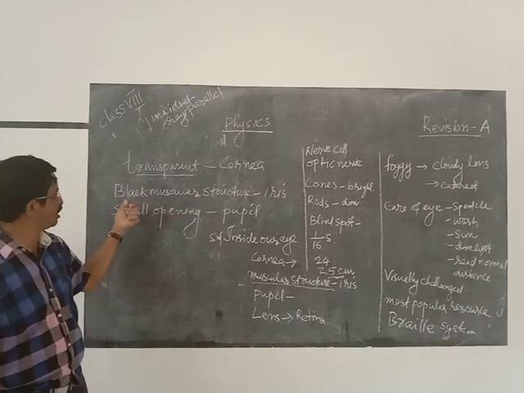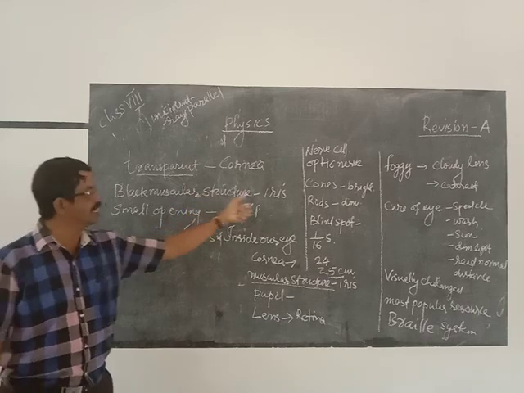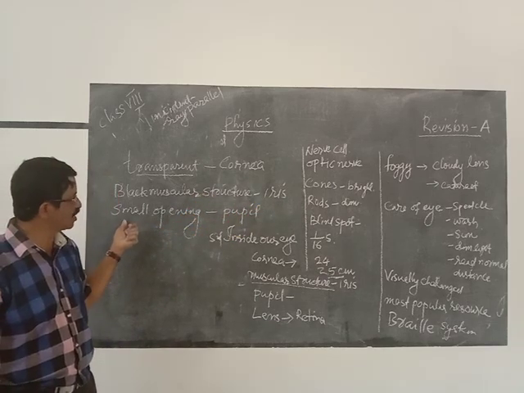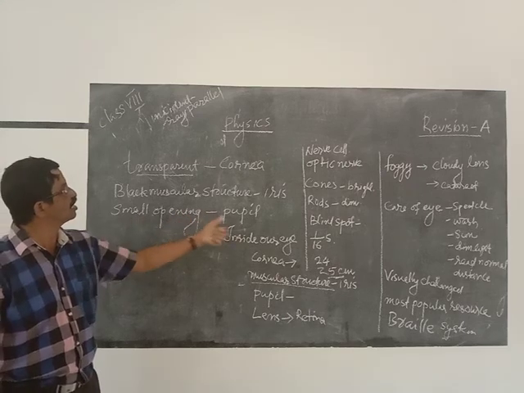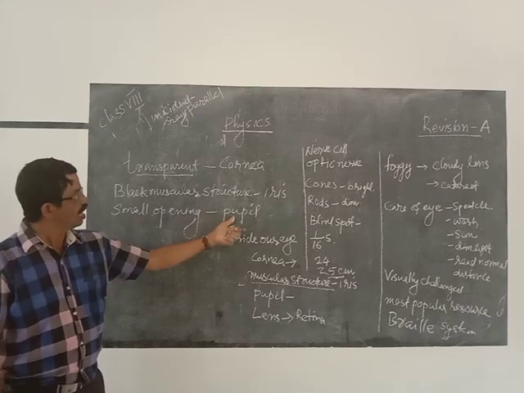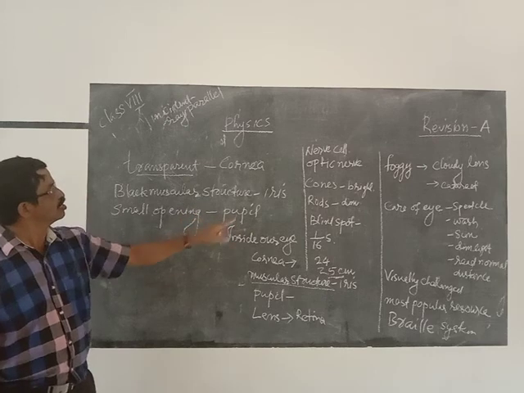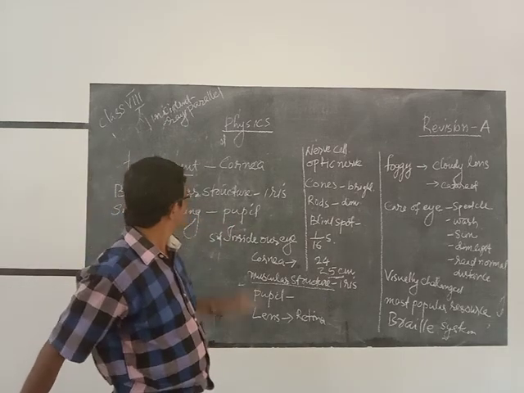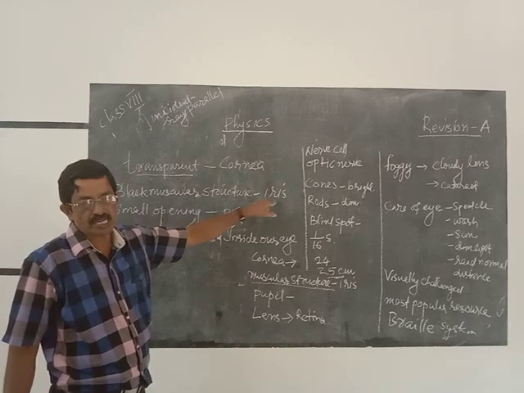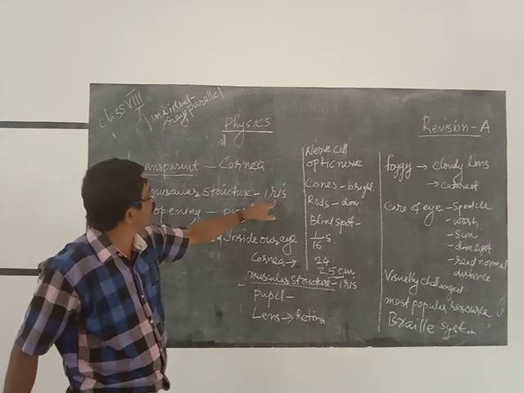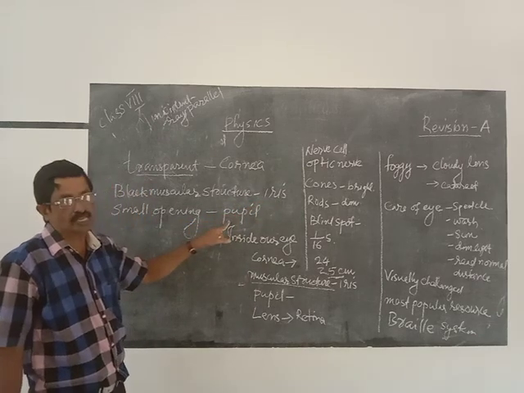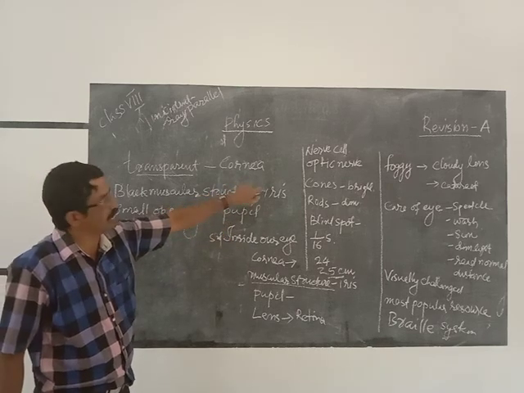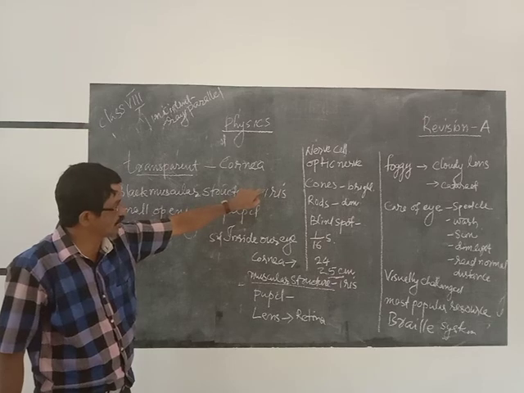Behind the cornea there is a black muscular structure called iris. And at the center of the iris there is a small opening called pupil. The amount of light passing through the pupil is controlled by this muscular structure, which is the iris.